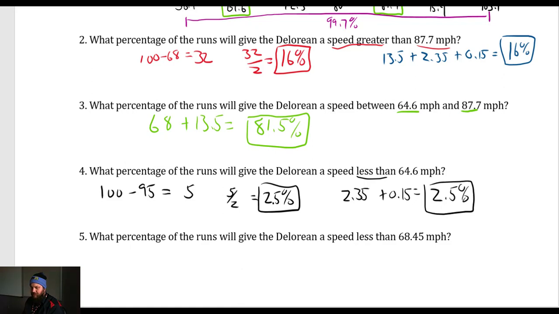Just showing you, you don't have to do both ways. I'm just showing you how it can be calculated. If you can already get those percentages marked off in your head and you know what is what, it makes it a lot easier.